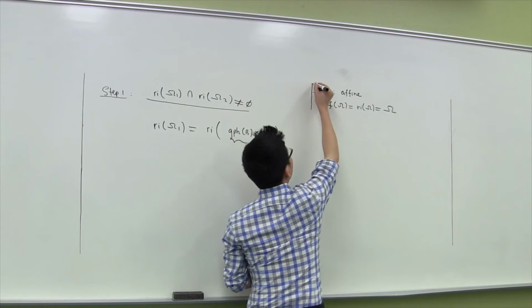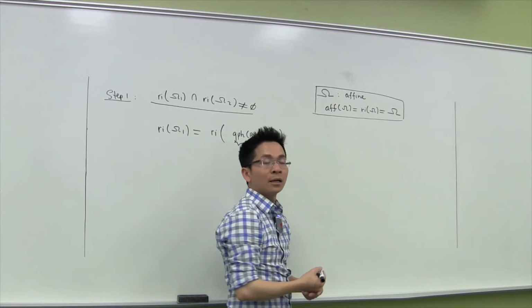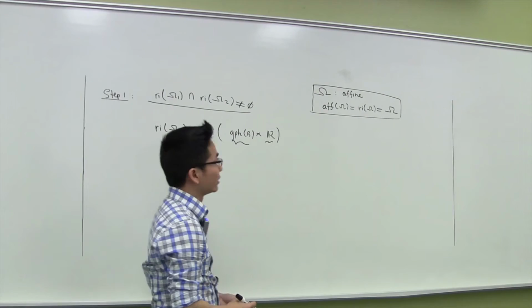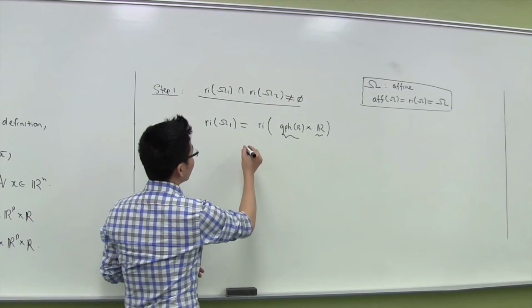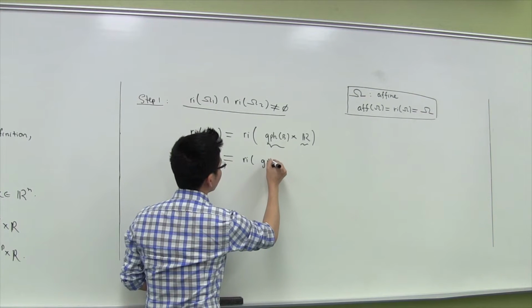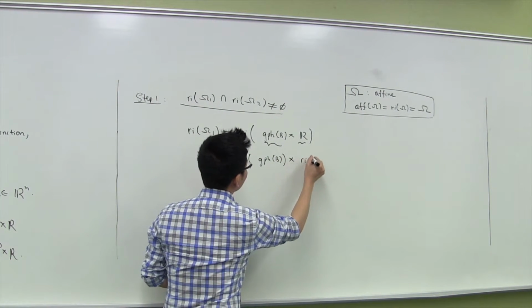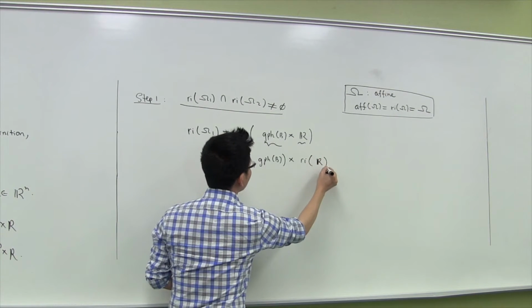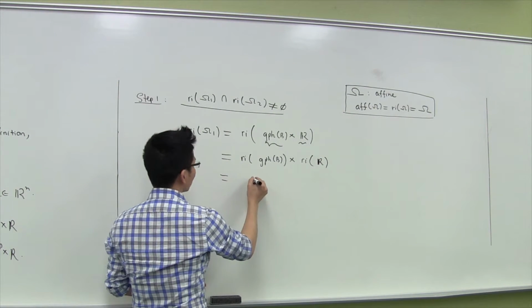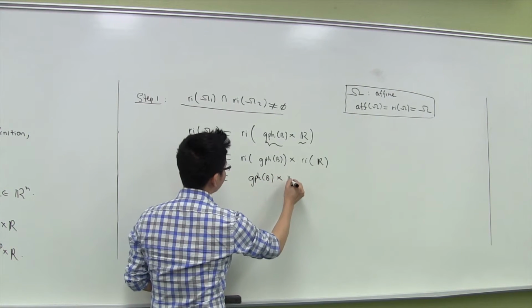So this is a very important fact that we can derive easily from the definition. So here we have the relative interior of the graph of B times the relative interior of R, but this is nothing but the graph of B times R.